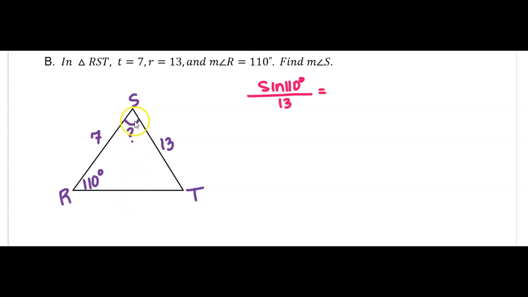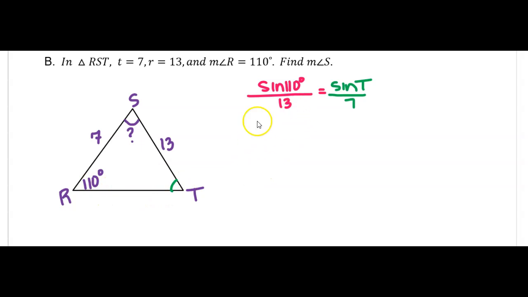We can't have the sine of angle S over something; we can't have two unknowns in one equation. So we don't really have enough information to get this angle, but we do have enough information to get angle T. If we wanted to get angle T, we could do sine of T over 7. So let's find angle T first, and then we'll be able to find angle S after we know these two angles.